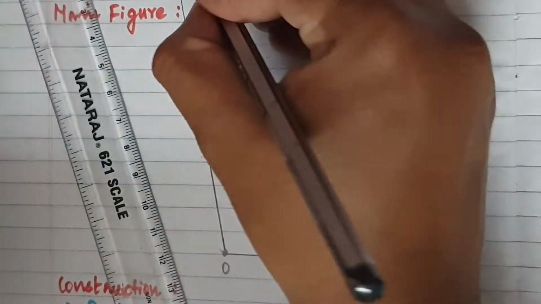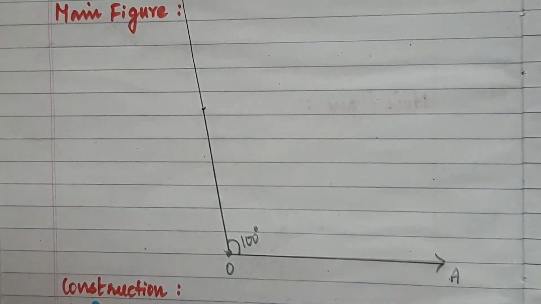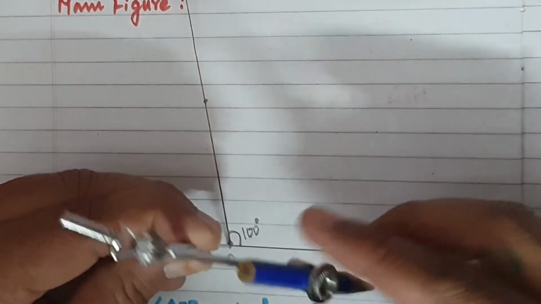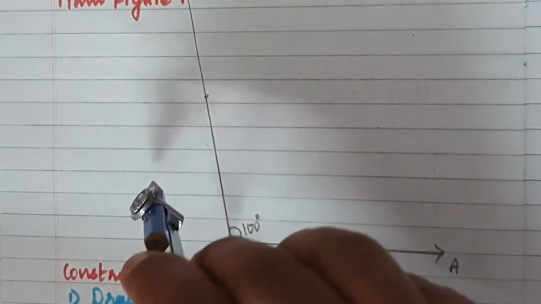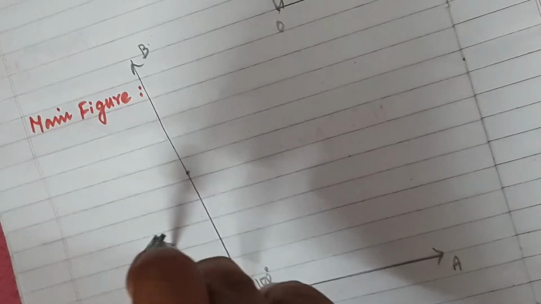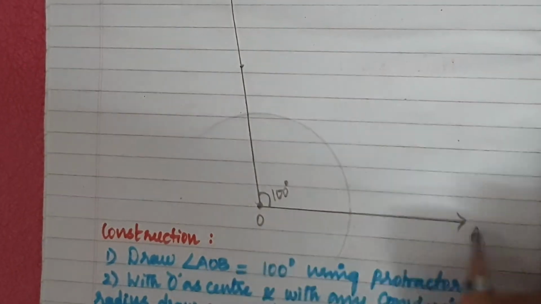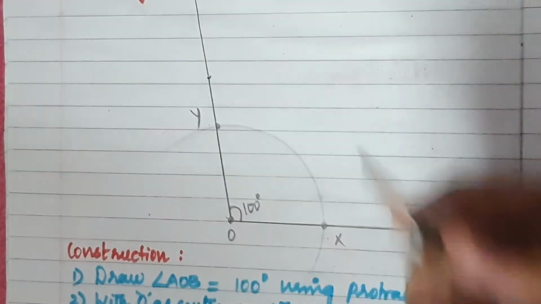Now angle AOB is nothing but 100 degrees, correct? Now take the compass with O as center with nearly half. See, you cut like this. And OA meeting is X and OB meeting is Y.